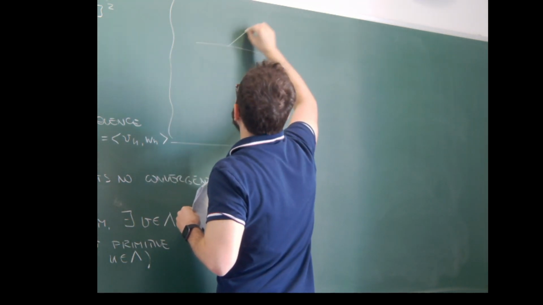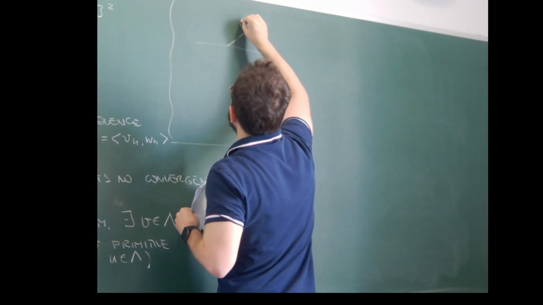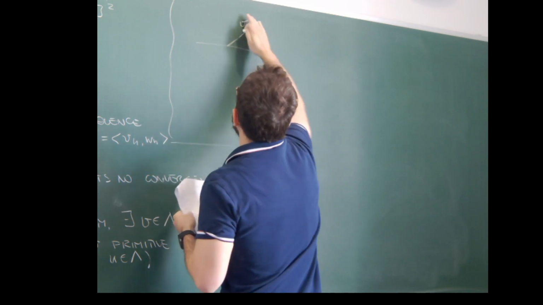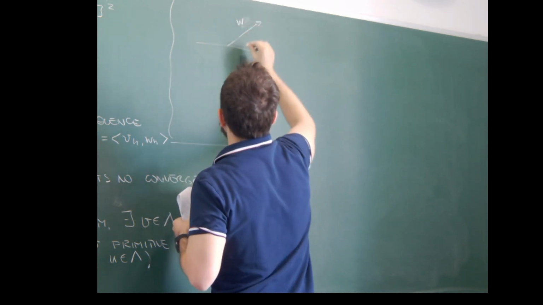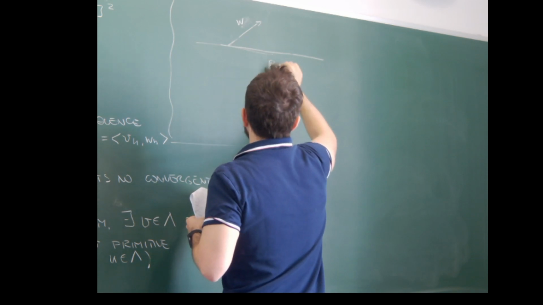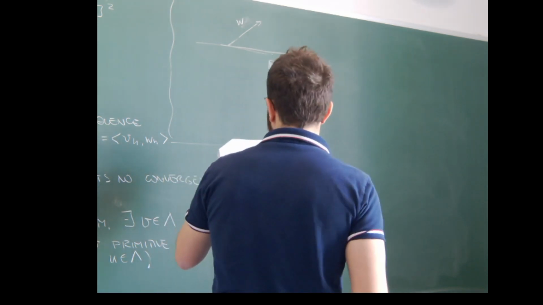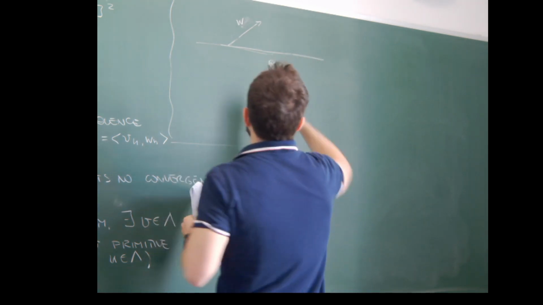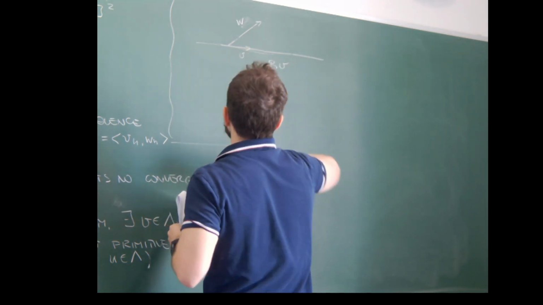So suppose that here we have our vector v, and let's call this w, and suppose that this is the line Rv. Then here we have our vector v, right?